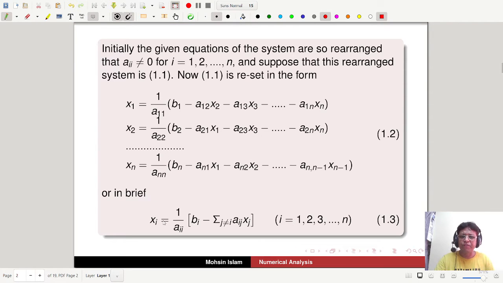Or in brief, you can write xi equal to 1 by aii times bi minus the summation over j not equal to i of aij xj, i equal to 1 to n. So this is in brief.